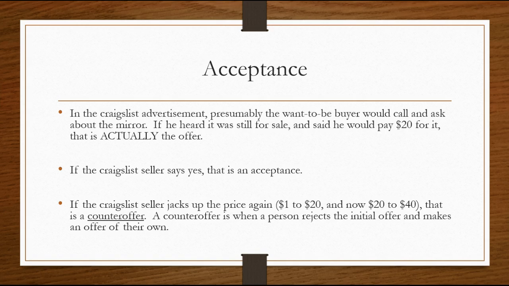The offer has to be accepted in order for there to be a valid contract. So if you went over to the Craigslist person's house with a mirror, handed them $20, they should hand you the mirror if they agree with taking that $20.